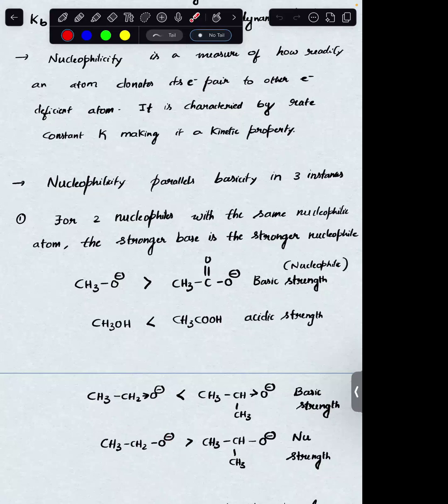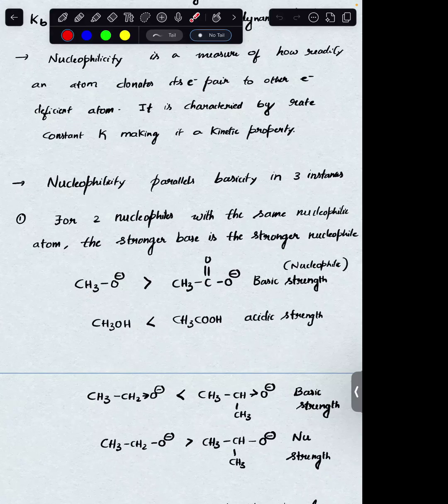So this particular point, whatever I have written here, for two nucleophiles with the same nucleophilic atom, the stronger base is the stronger nucleophile, is in general applied to different functional groups. Once they belong to different functional groups, you don't worry about the size of this. So these are of comparable size.